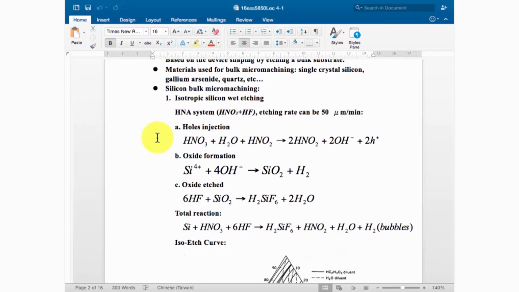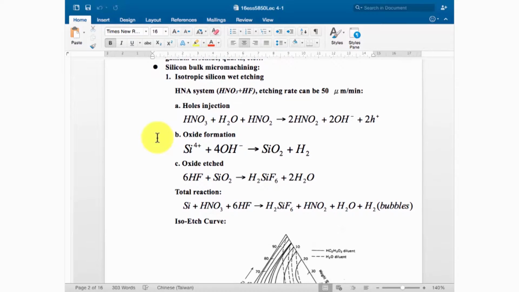Okay, when we look into the details of the chemical process, we can break it into three different steps. The first step is the purpose of the nitric acid. When it is in the water, and if a nitrous acid is involved, it will form nitric acid, and finally give two holes to inject into the silicon. Once silicon has two holes, it has more ability to be oxidized later on. The second step is the oxidation.